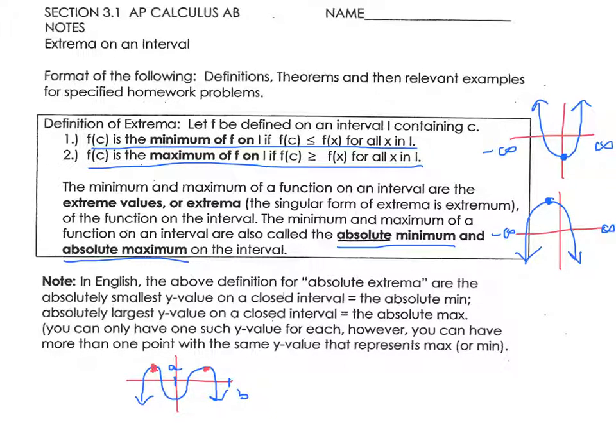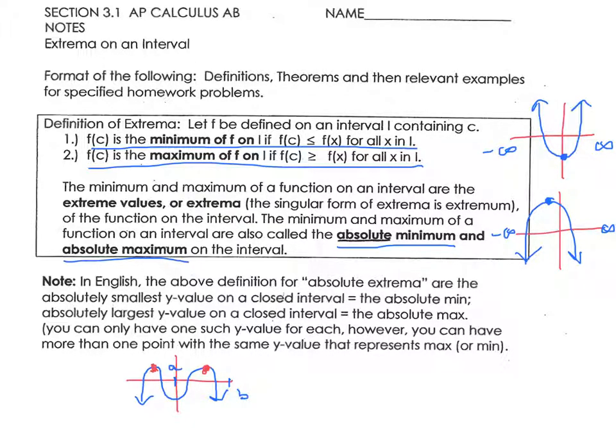But let's say that we only want to look between the x values of A and B. So if we look between those two x values, then we see that the absolute maximum we're looking for is up here at this point because we only care about the y values in between the interval A and B. So the question is, how do we use calculus to determine what these absolute maximums and absolute minimums are?